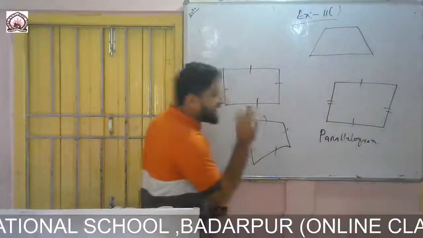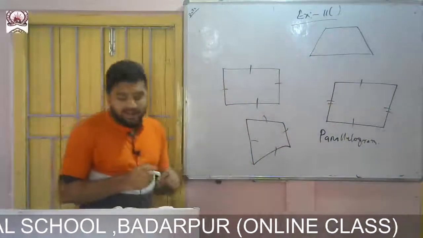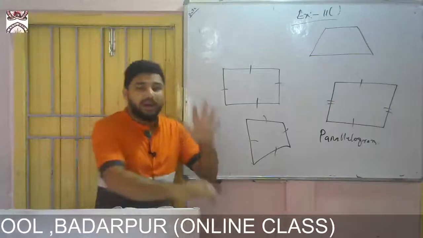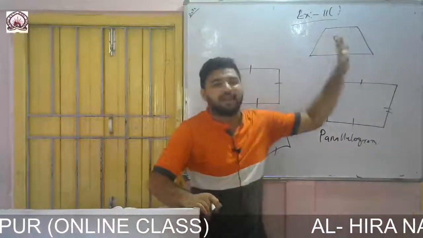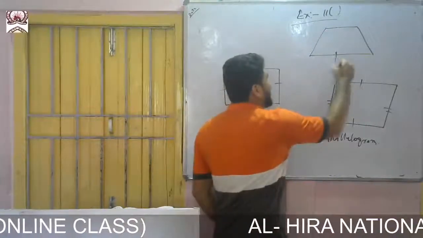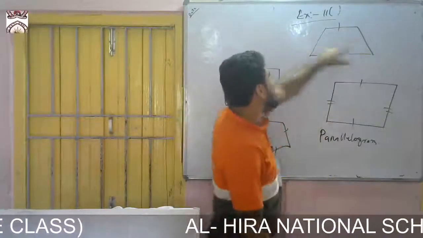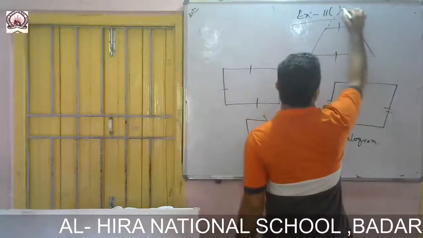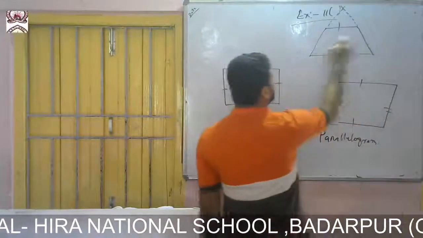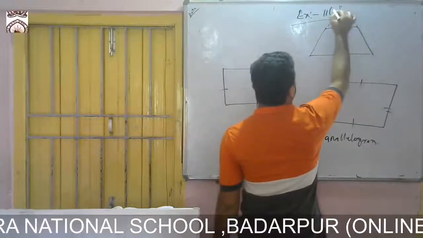A trapezium is a quadrilateral where we find only one pair of sides parallel. This side is parallel to this side, but these sides are not parallel, because if I extend them, they will meet at a point. So these two lines are not parallel.